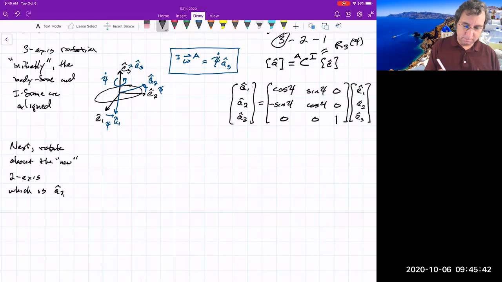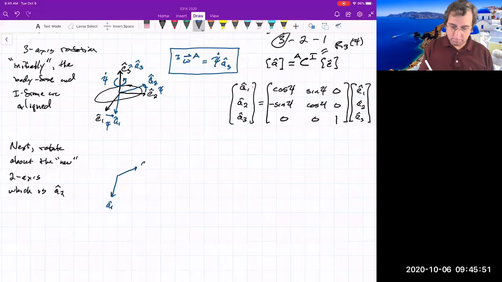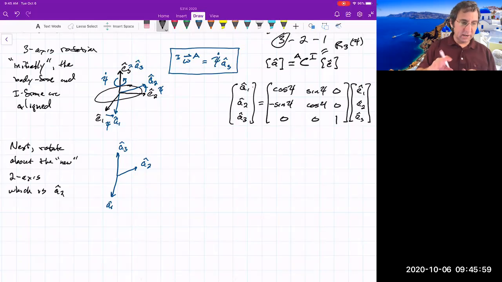That means it's A2. Let me try to draw what I had below for A2. Got A1, A2, and A3. I'm rotating the body now about the number 2 axis. I guess I'll use red.